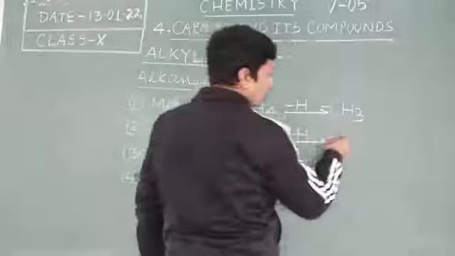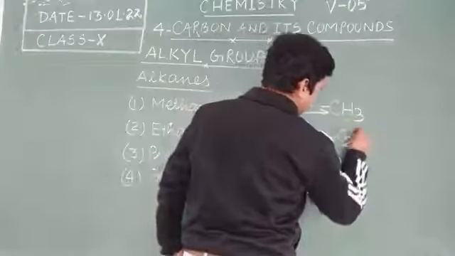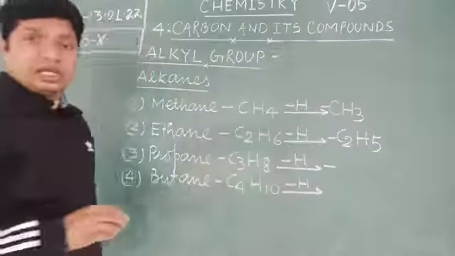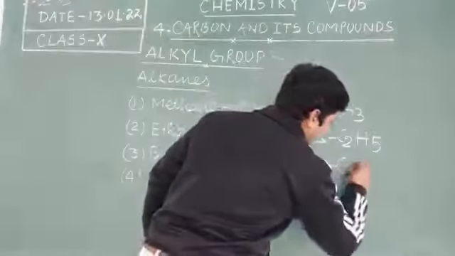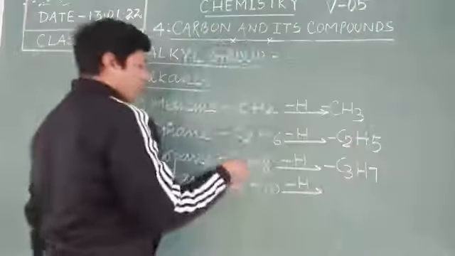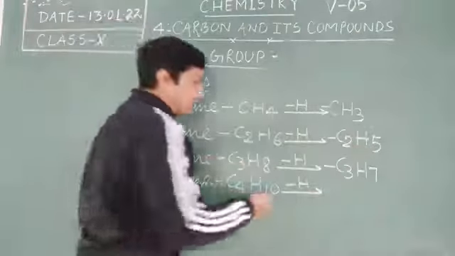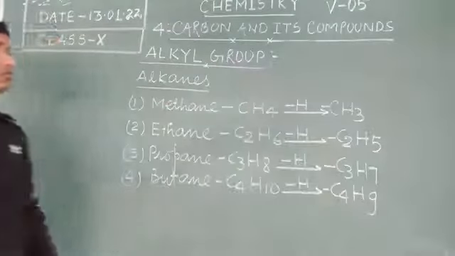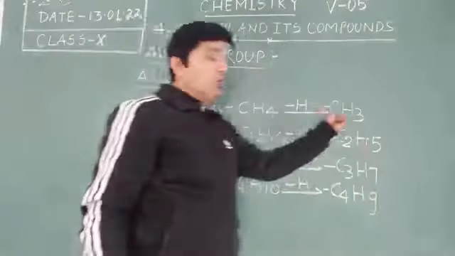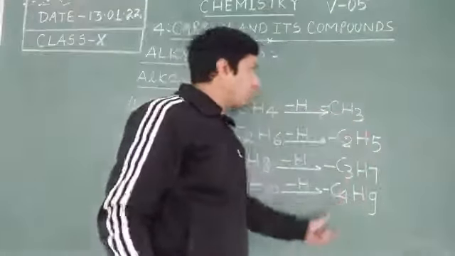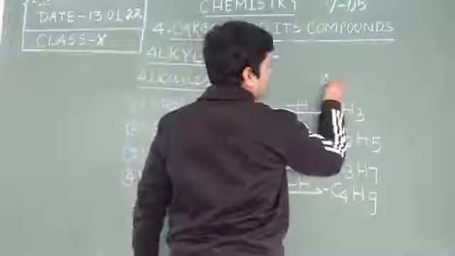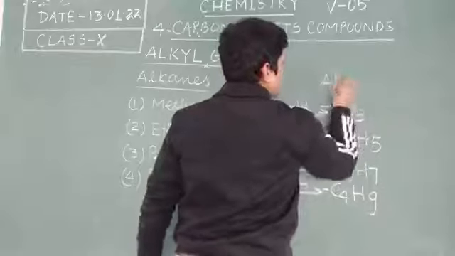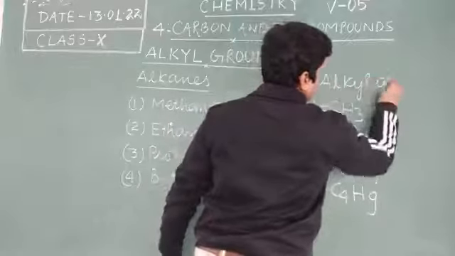When a hydrogen is removed from C2H6, it becomes C2H5. When a hydrogen is removed from C3H8, that is propane, it becomes C3H7. And when a hydrogen is removed from C4H10, it becomes C4H9. These new groups formed are known as alkyl groups.